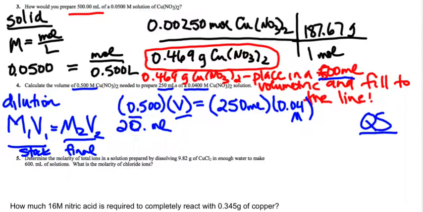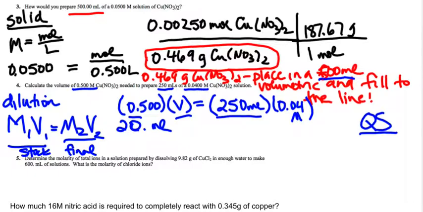Now here's a mistake students make all the time. In some cases, like in tomorrow's lab, when you're doing serial dilutions, addition of volume will be okay, it'll work. But technically, you're not supposed to say, I'm going to take 20 mils of stock and 230 mils of water, because this is my final total volume.